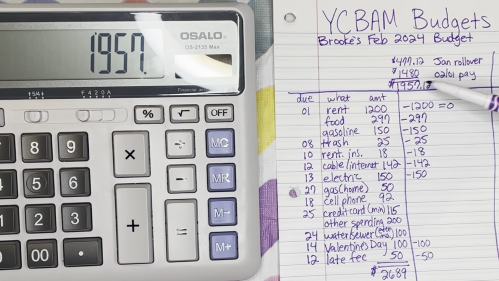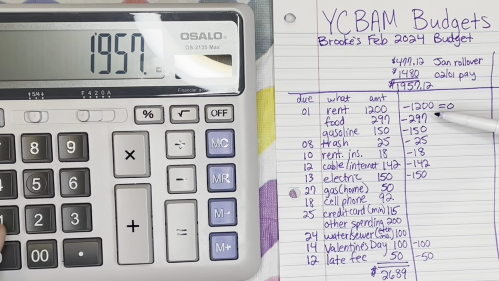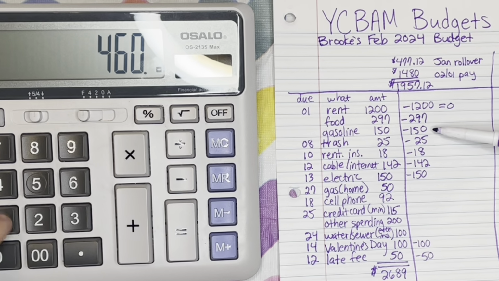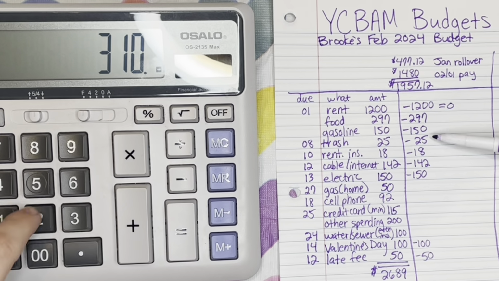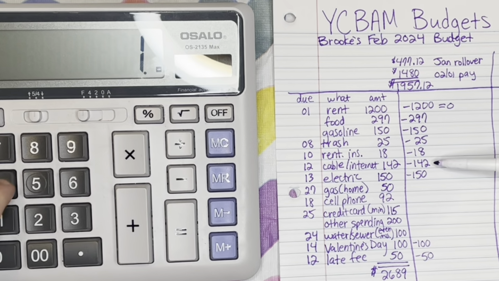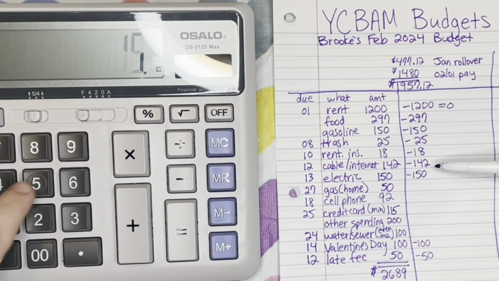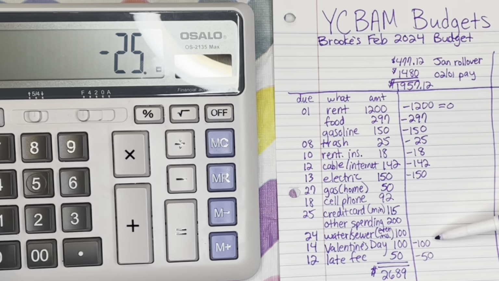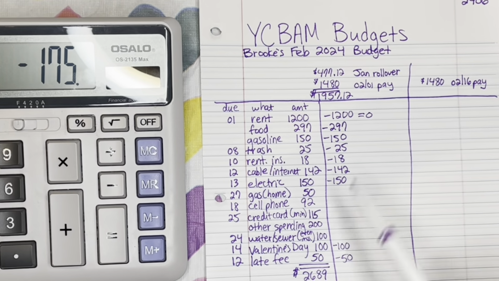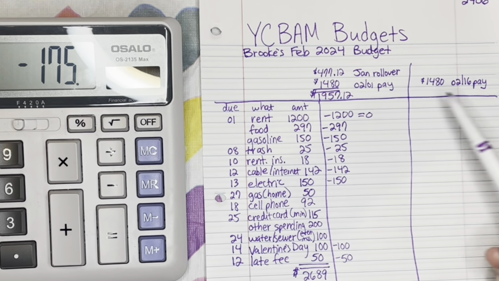So we'll do 1,957 minus 1,200 minus 297 minus 150 minus 25 minus 18 minus 142 minus 150 minus 100 minus 50. And you can see it comes out to a negative, so she can't pay all of these before this paycheck on the 16th.